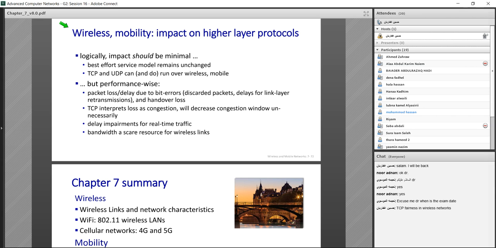Why? Because in wireless platforms, we talked about CSMA-CA at the start of this chapter. When we talked about CSMA-CA, this protocol may defer the transmission because of its nature, to avoid collisions in wireless platforms.